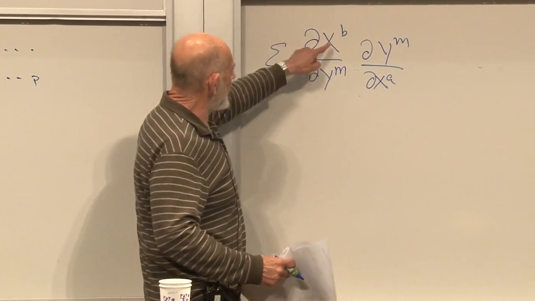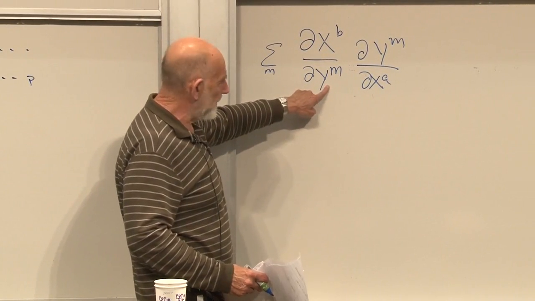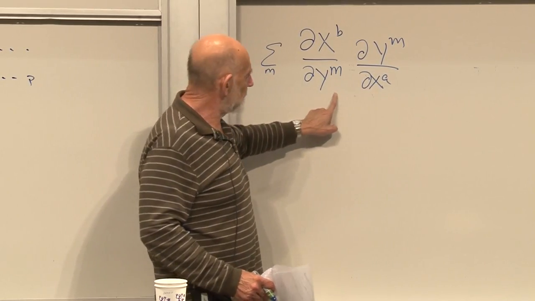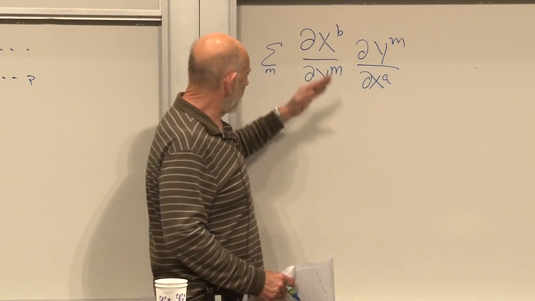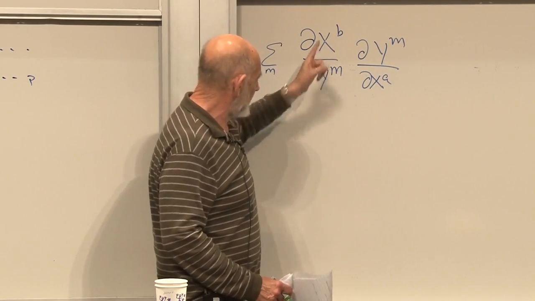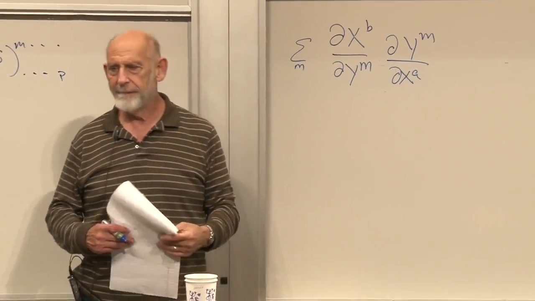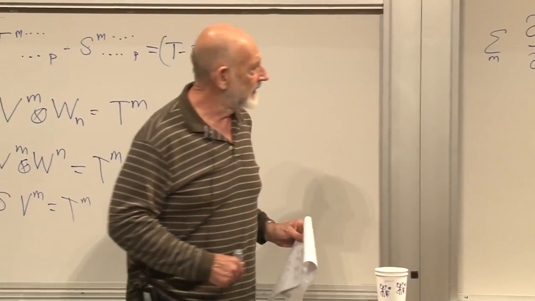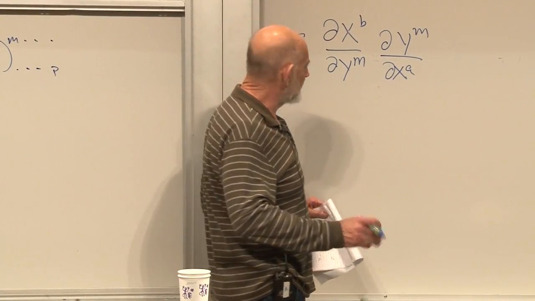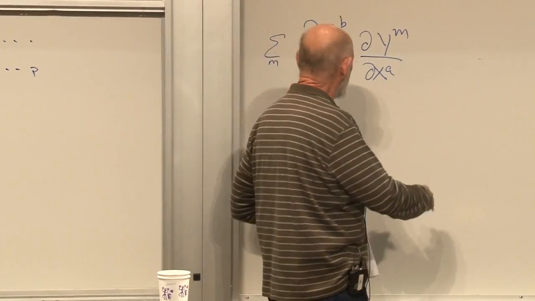This is the change in x^b when you change y^m a little bit, times the change in y^m when you change x^a a little bit, summed over m. You change y1 a little bit, then you change y2 a little bit, and then what does that do to x^b? What is this thing?